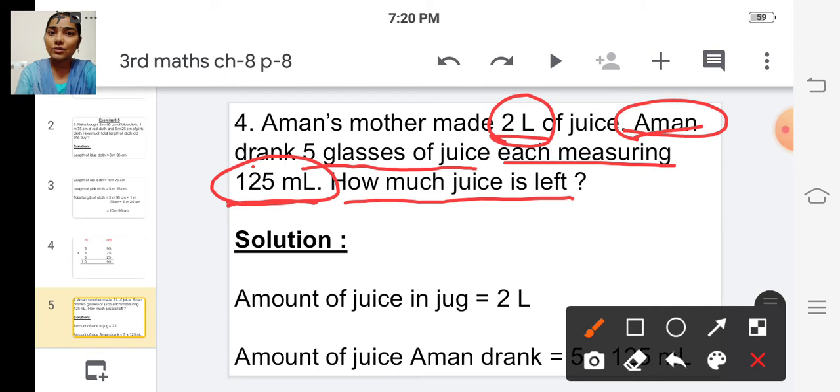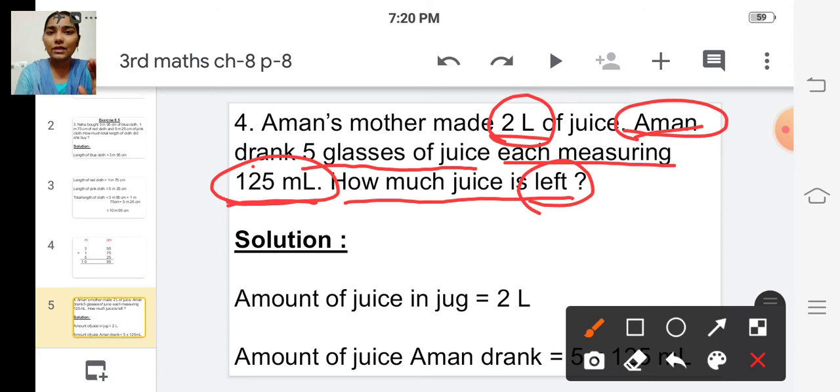So what we have to do? We have to subtract. If they ask total length or total amount, then we have to add. But in this question, they have asked the amount left, so we are going to find out the remaining part. So we have to subtract.